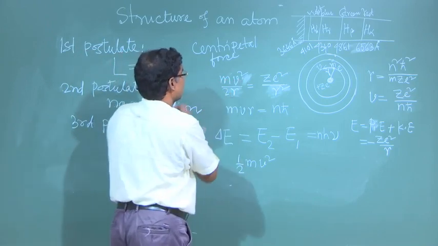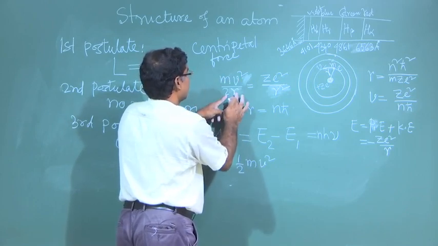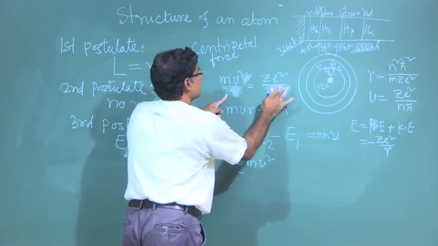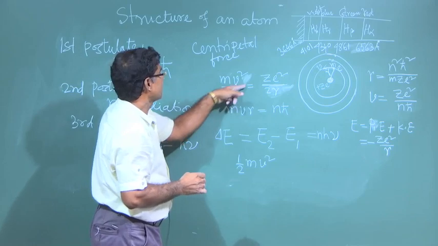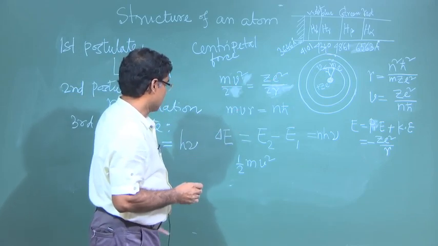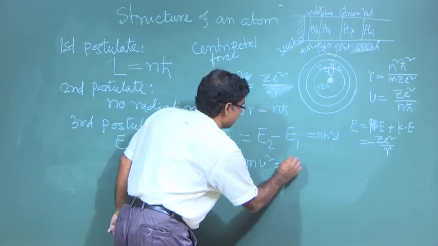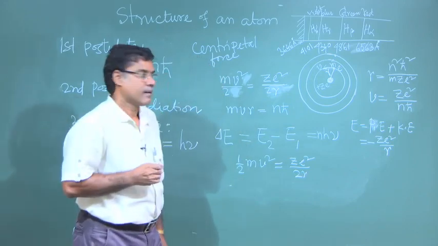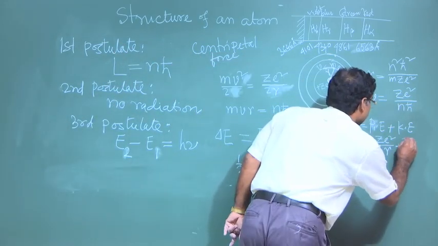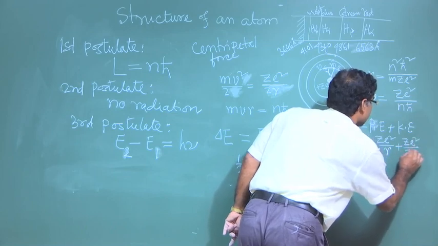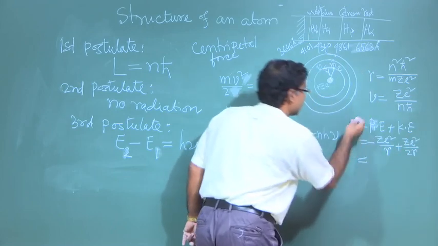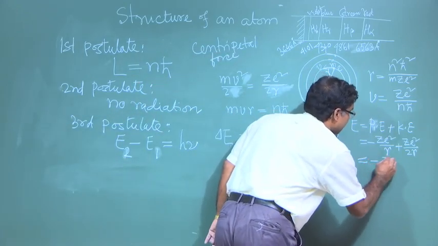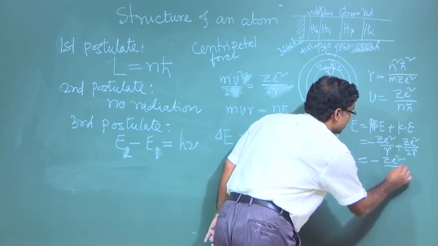So, this r, I have to put 2 here, so this r will go. So, half mv square equal to Z square by 2r. So, this half mv square will be equal to Z square by 2r. So, plus Z square by 2r. So, this total energy, kinetic energy plus potential energy, you will get minus Z square by 2r.